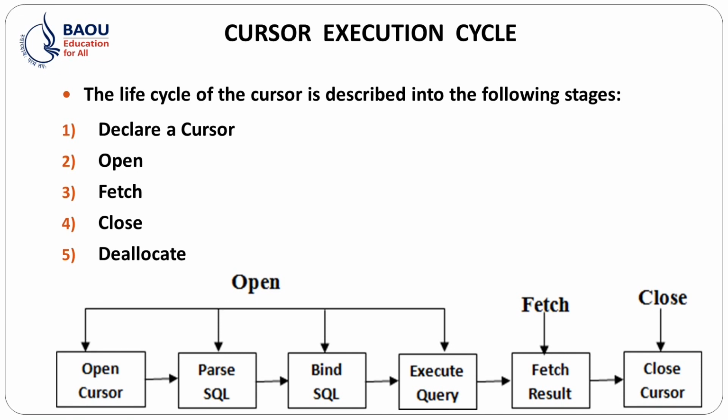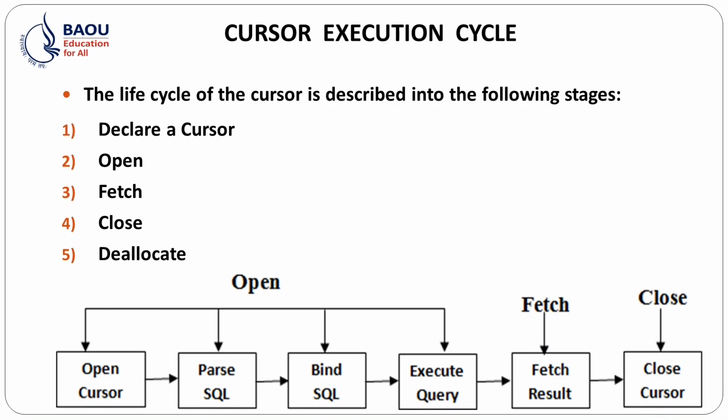The fetch phase. In this phase, the record to which the record pointer points is retrieved from the record set. The record pointer will move only in a forward direction. The fetch phase is live until the last record is reached.